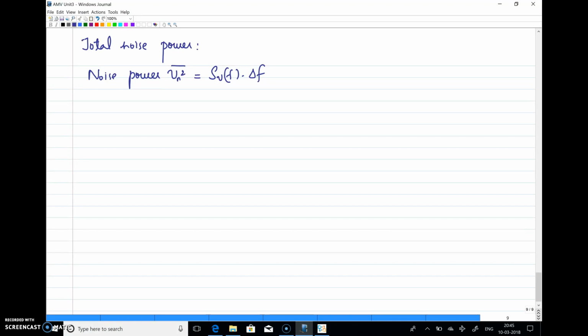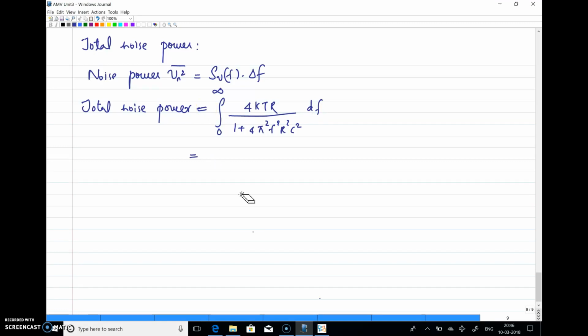Now to find the total noise power, you can integrate your power spectral density, which we obtained previously: 4kTR by 1 plus 4 pi square F square R square C square, into df. If you do the integration properly, you will get the answer as kT by C.